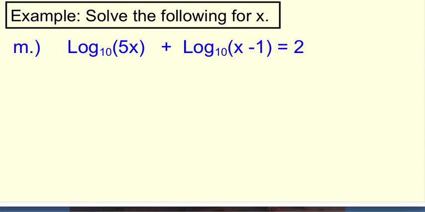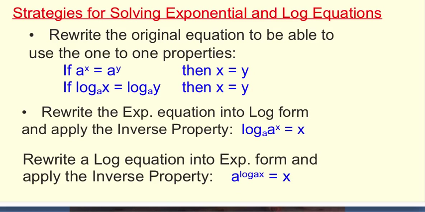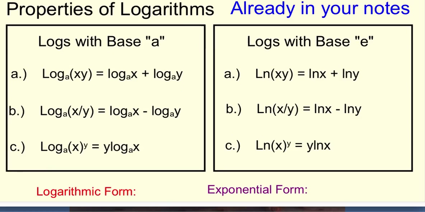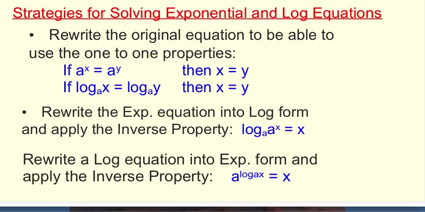Here's a second example. Now we can't use the one-to-one property because they're not equal to each other, but we can combine these two logarithms together. We have a plus symbol. So if we go back a couple slides here, if we have addition, we can convert it back to one logarithm by multiplication.